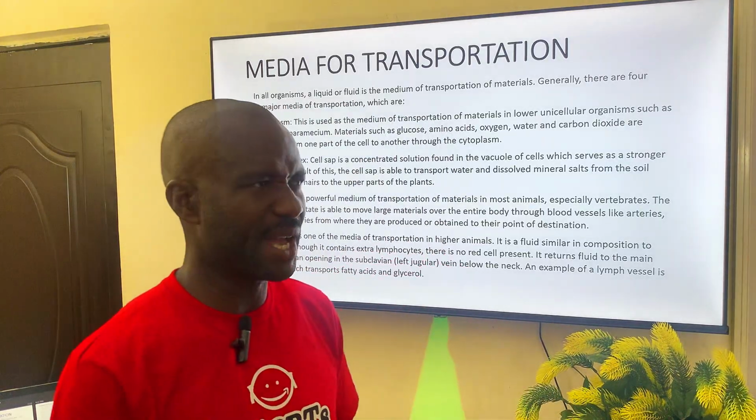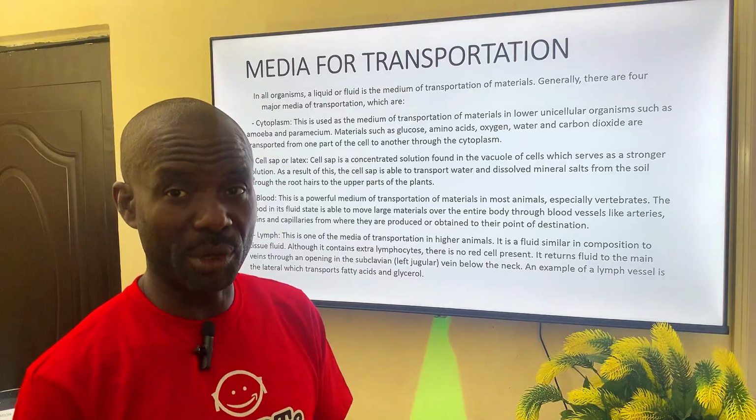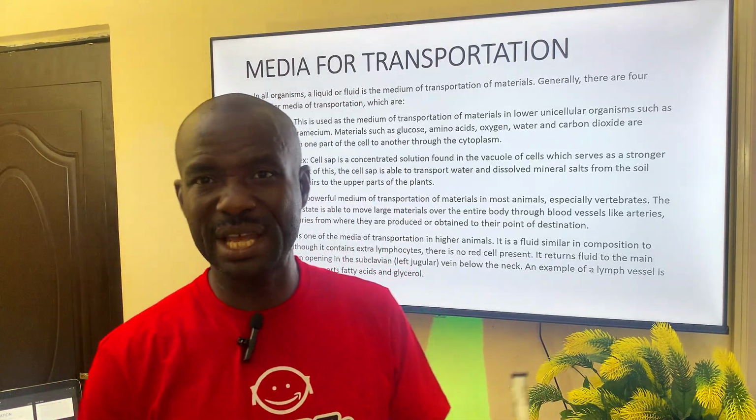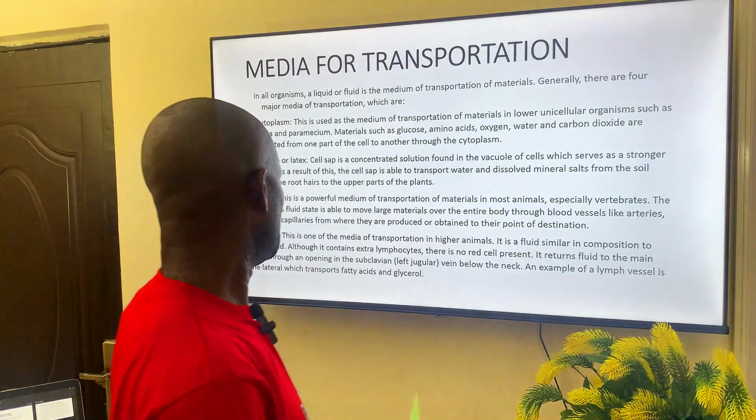So in animals, the medium that carries all this dissolved material, carbon dioxide, water, glucose, and things like that, is the blood. When this blood moves, of course we have blood in virtually all parts of the body. So as the blood moves, it carries this material from one end to the other.